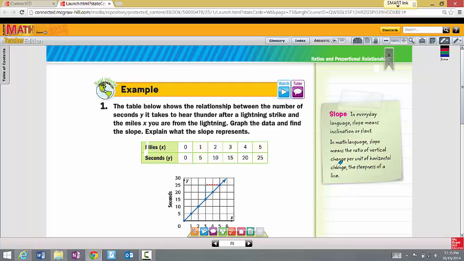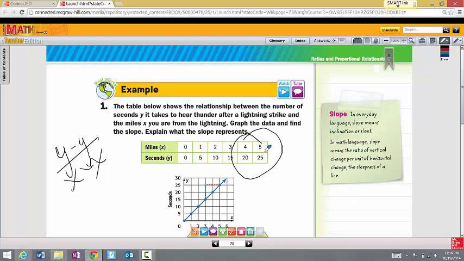Now, in this first example, the table shows the relationship. You have miles X in seconds Y. So to calculate your slope, and again, I'm a fan of the Y minus Y over X minus X. So I would start at the top end of your table, because you're going to be subtracting, so I think it's foolish to start at the bottom end.